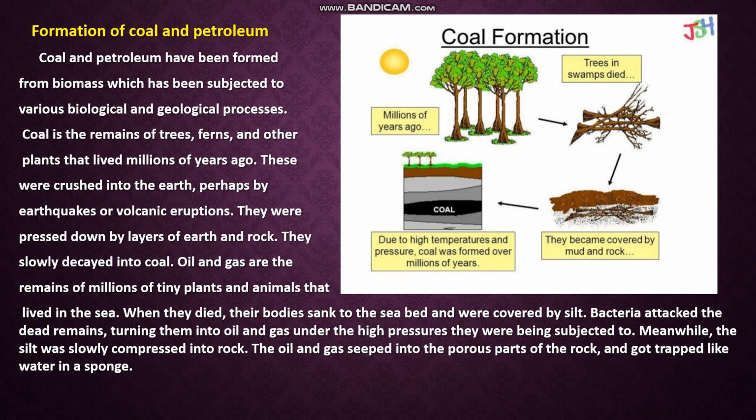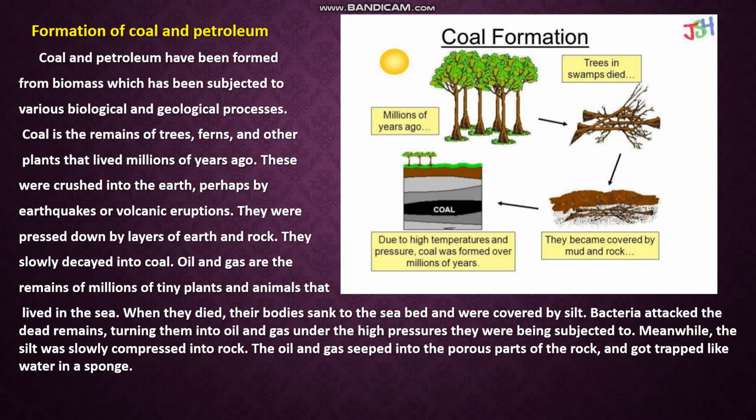So upon the remains of these trees, what happened? The rocks and earth layers got deposited layer by layer over them. You can see here, mud and rock all got deposited over them. They slowly decayed into coal. So these dead remains of organisms, that means trees, slowly decomposed or decayed into coal.